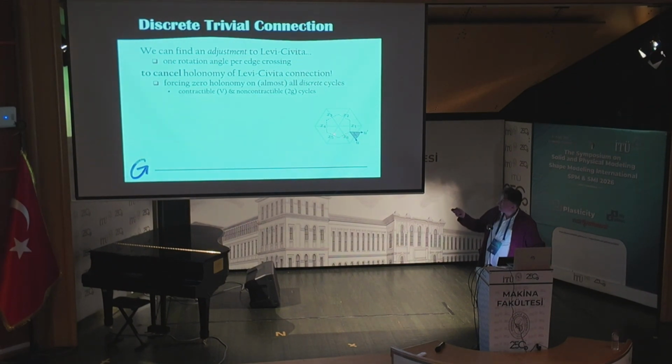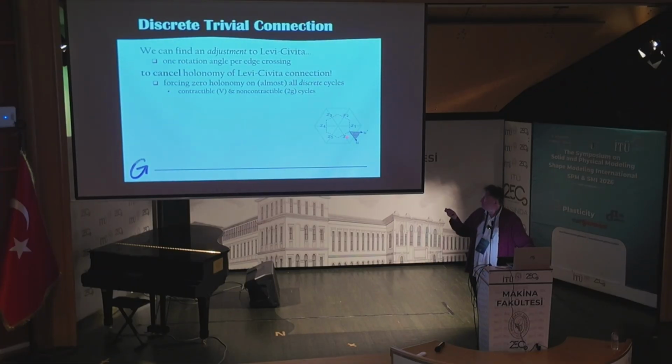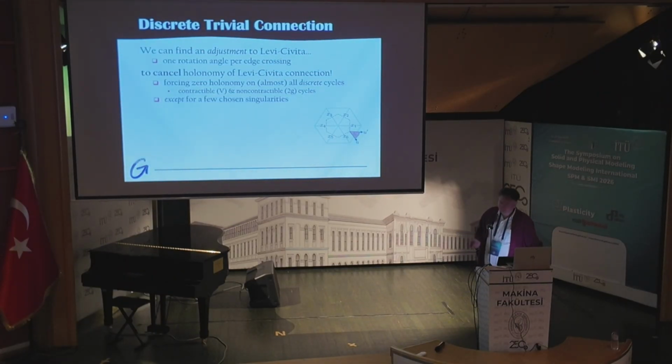Well, it turns out that you can actually do this if you count the number of unknowns, because we have this little adjustment angle on every pair of triangles. If you compare this count to the number of little loops that you can do on a mesh, you realize that there are more adjustments than loops. So you can always kill the holonomy almost everywhere. And I say almost everywhere because math is still there to annoy you.